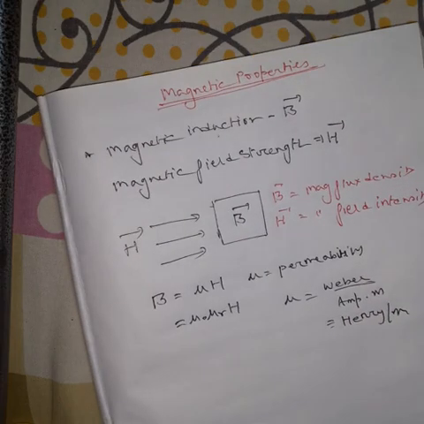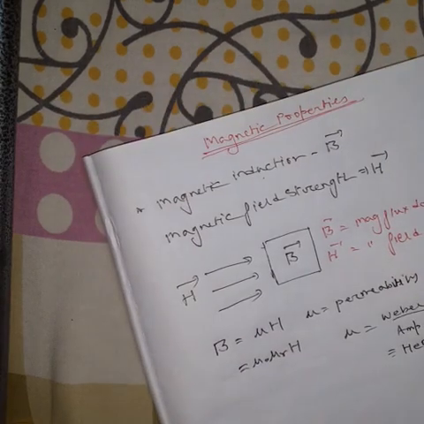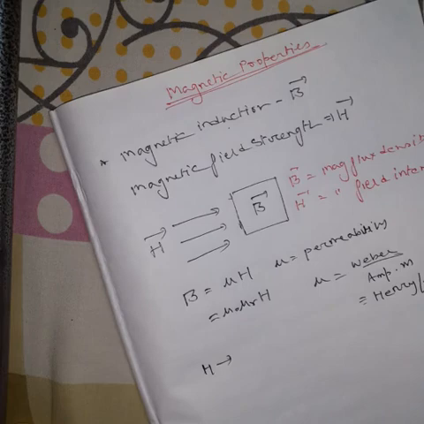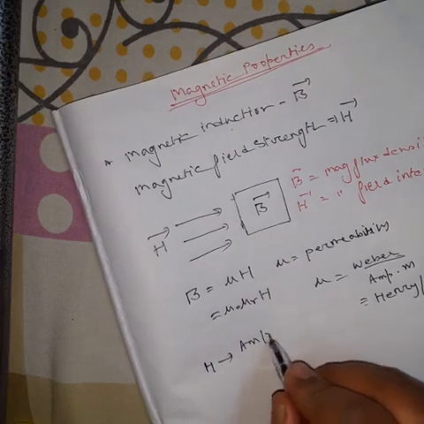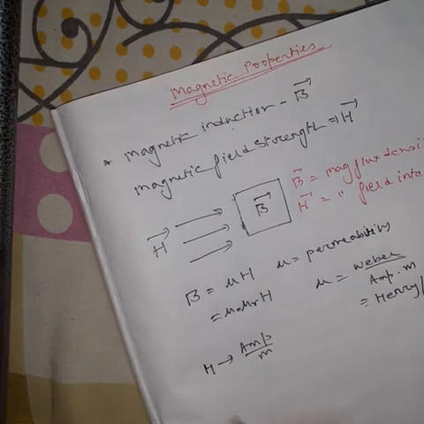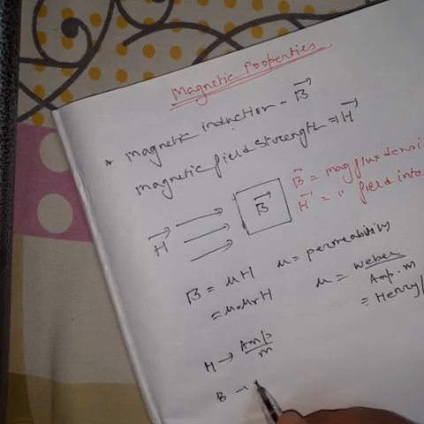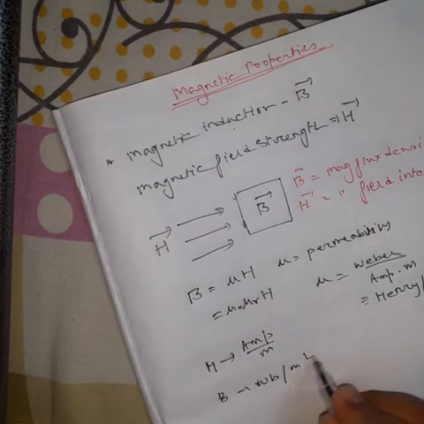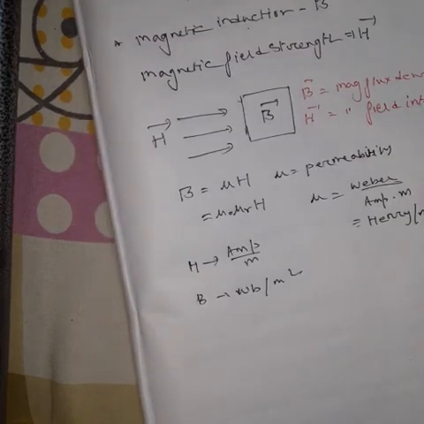The units are not very simple here, so we have to do it like this only. For H the unit is ampere per meter, and for B it is Weber per meter square.